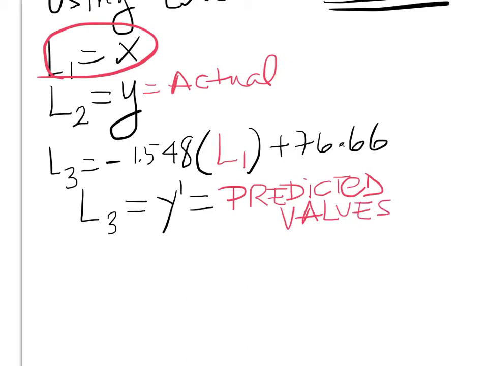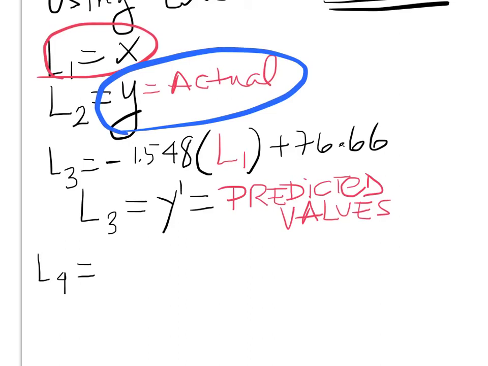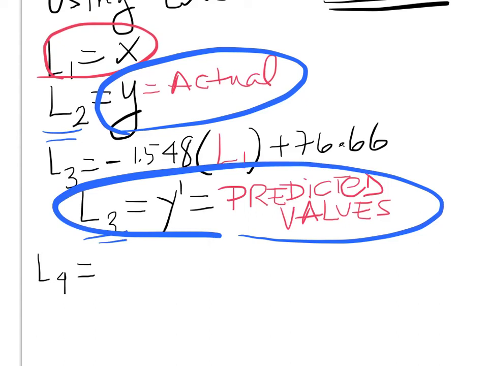After we find our predicted values, we can go ahead and find the residuals. And again, we can ask our calculator to do this work for us. Now, residuals are always the actual value, which is L2, minus your predicted values, which are L3. So you can guess exactly what you're going to tell L4 to do.